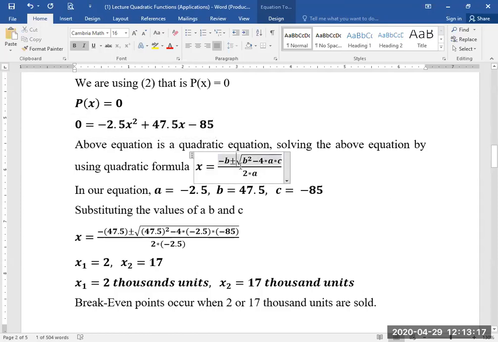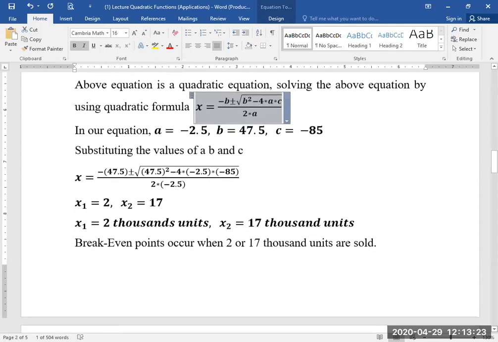One can use this formula, but I am going to solve with the calculator.